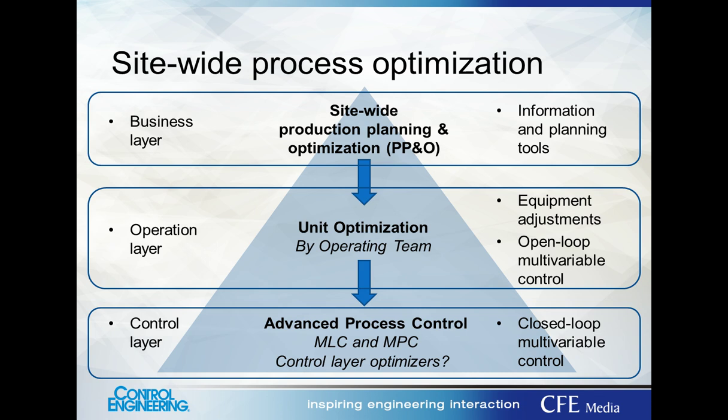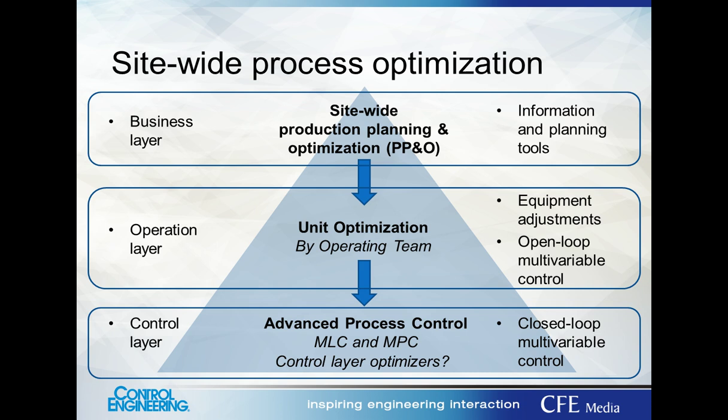From there, each unit is responsible for its part of the plan. In practice, this often involves manual actions, such as adjusting equipment. As we know, it can also involve many controller adjustments by board operators, which basically represent manual open-loop multivariable control.